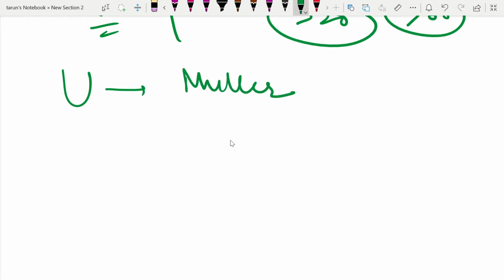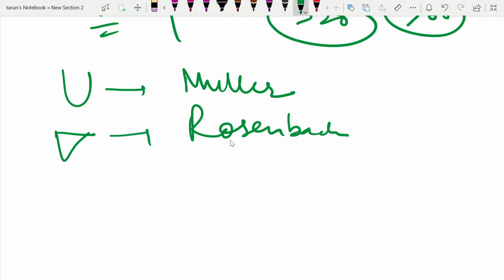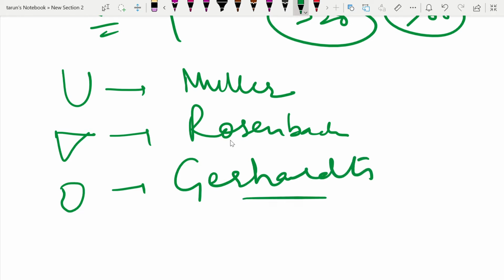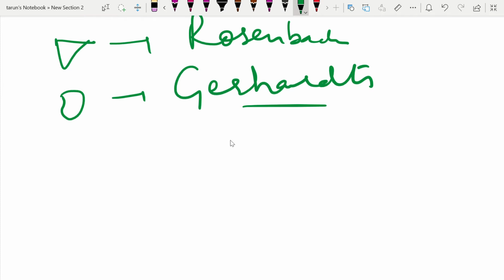If it is in the liver, it is known as Rosenbach sign. And if it is in the spleen, it is known as Gerhard sign. So pulsation in the uvula is Muller sign, in the liver Rosenbach sign, in the spleen Gerhard sign.